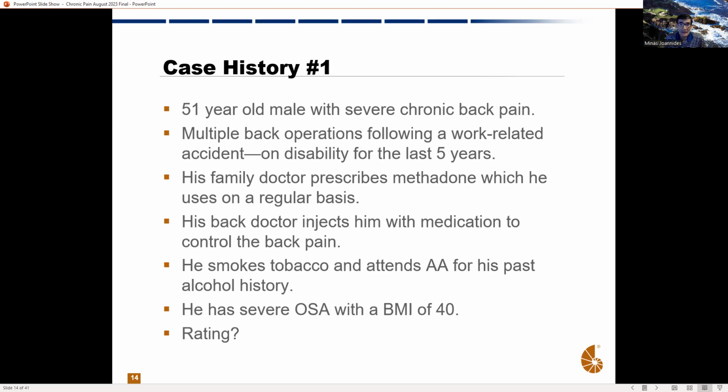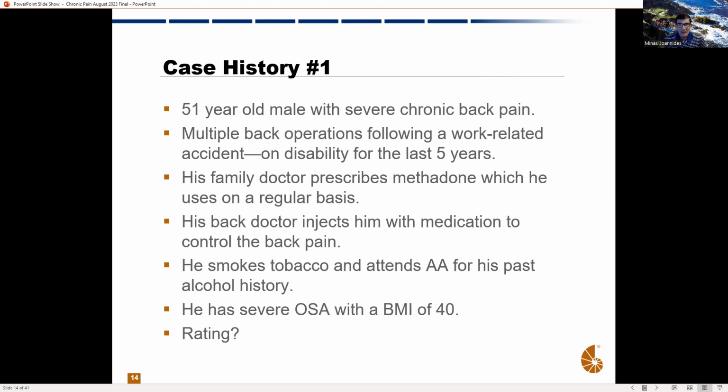So I think he hit a lot of the boxes for high risk, right? So he's on disability, he's had chronic pain a long time, he's requiring methadone, which is not the typical drug one would use for treating chronic pain for a limited amount of time.